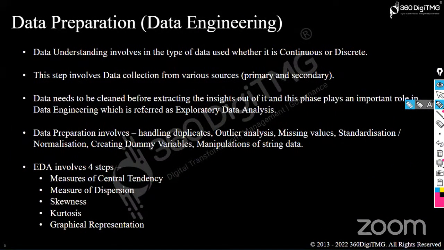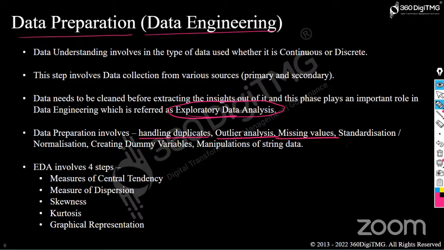So I've told you about data preparation, or data engineering, whatever you call it. We call it exploratory data analysis, where you need to handle duplications, outlier analysis, missing values, standardization or normalization, creating dummy variables, and manipulation of string data.